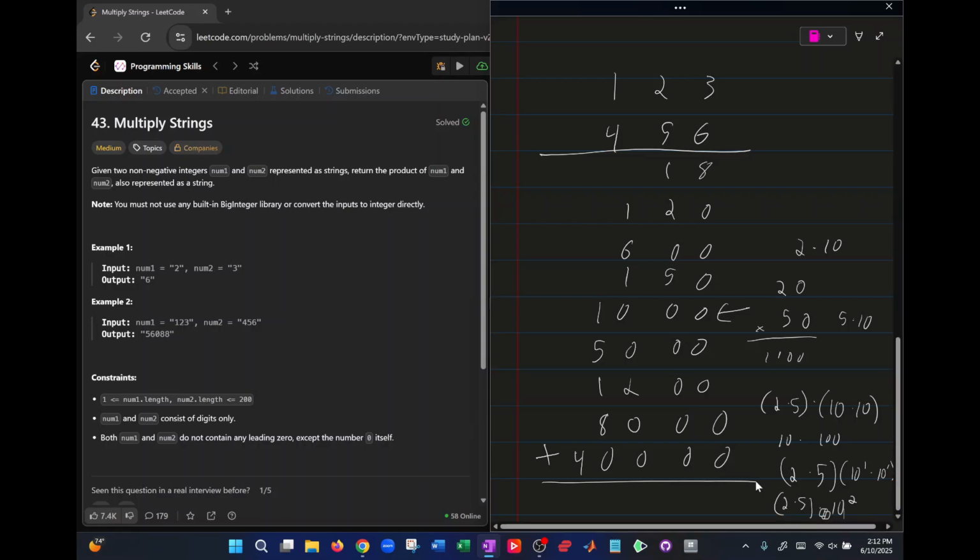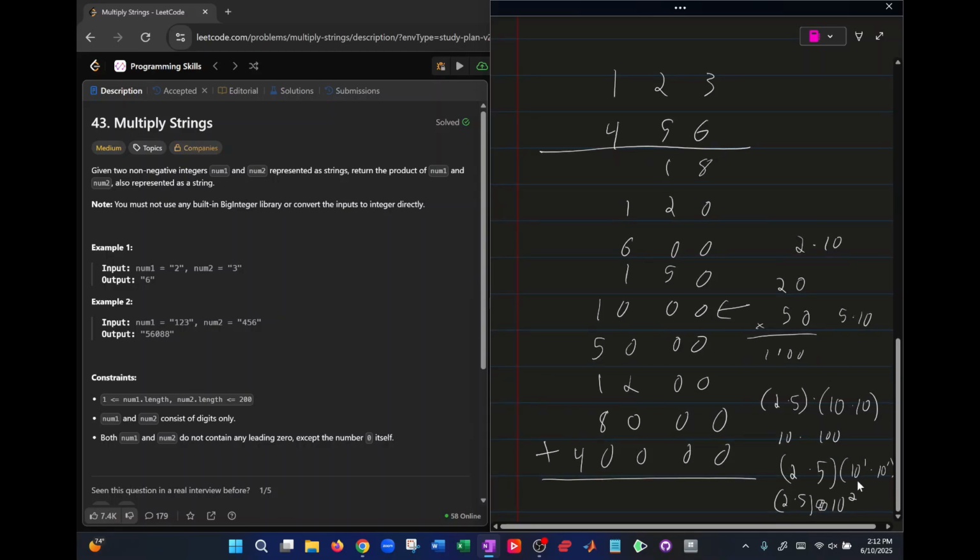And the reason I'm going through this is that this is basically how we're going to break these things down. Because what we do is we take the 2 digits and we take where they occur within the numbers. So it's the digit 2, and it's the second digit, and it's the number 5, and it's the second digit. And because they're the second digits, it's 2 times 10 to the 1.